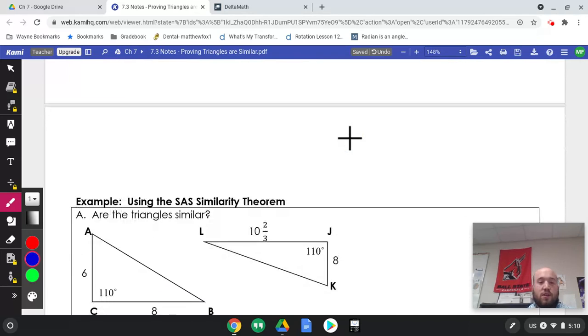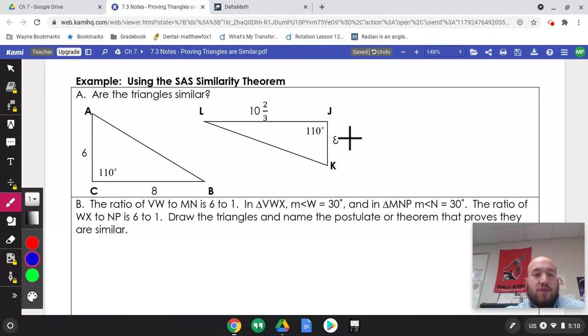Now the next one, the side-angle-side similarity theorem. It says, are these triangles similar? As we can see, 110 and 110, these two angles are congruent. So if the sides are proportional, meaning the 6 and the 8 and the 8 and the 10 and 2/3, if those match up, then it would be similar.